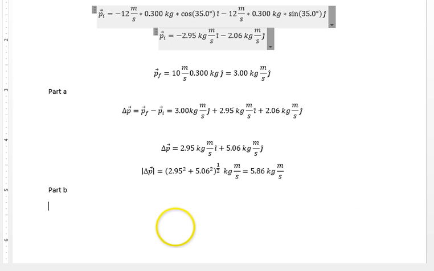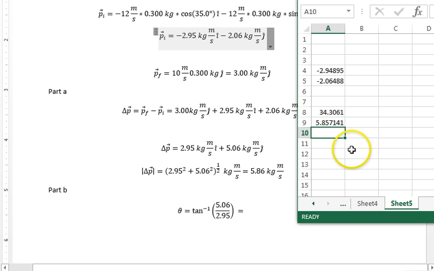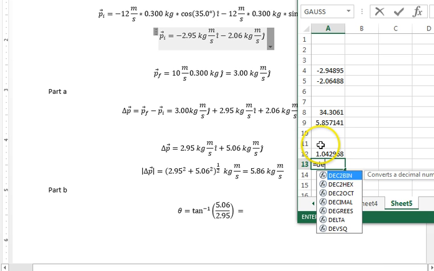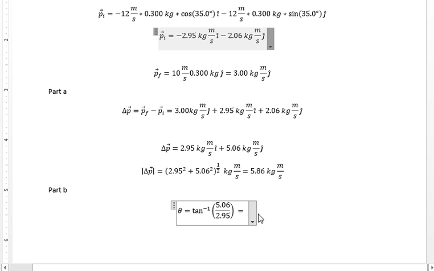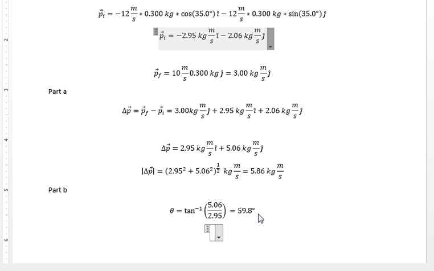So in part B, the angle is just the inverse tangent of 5.06 divided by 2.95. Excel is going to give that to me in radians. Convert that to degrees. 59.7 or 59.8 degrees. So that's the angle, 59.8 degrees.